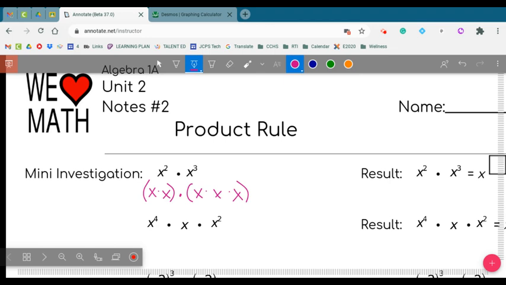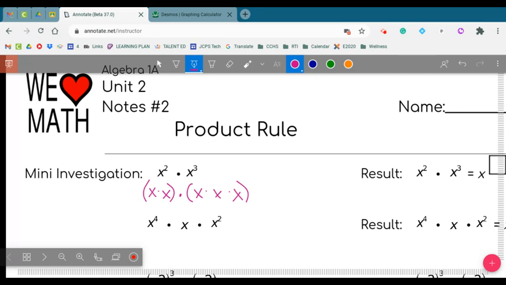So whenever I have that, I want you to think, how many x's do I have altogether? And whenever you look at that, you should see, oh, I have 2 x's in the first and 3 x's in the second.